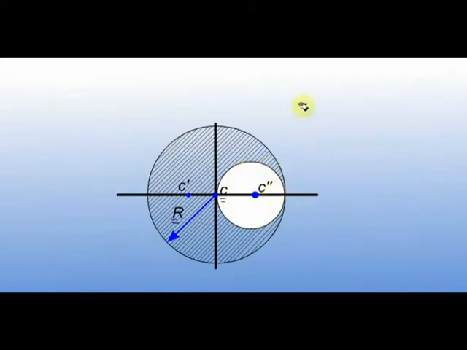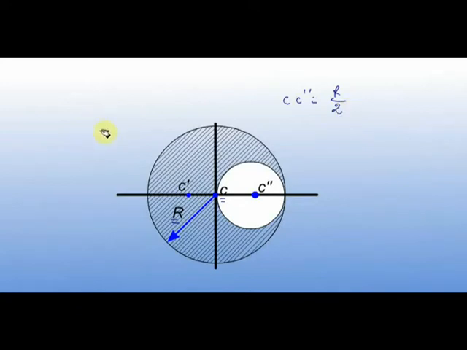So this white portion is the hole and CC dash is r by 2. Now we need to find out the center of mass of the remaining portion of the circular disk, that is the center of mass of the shaded region.